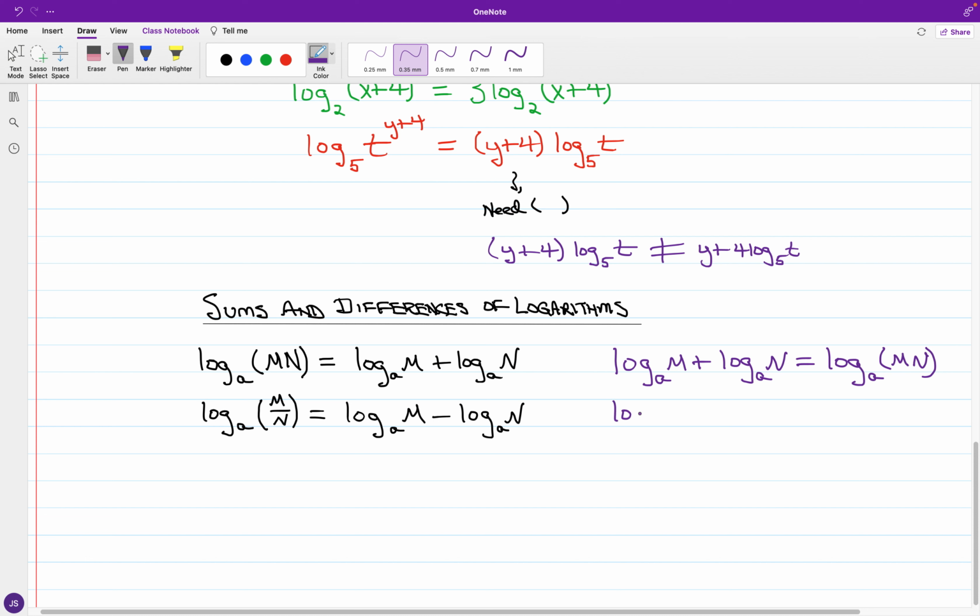And subtraction between logarithmic terms in the same base implies division upon consolidating as a single logarithmic term.